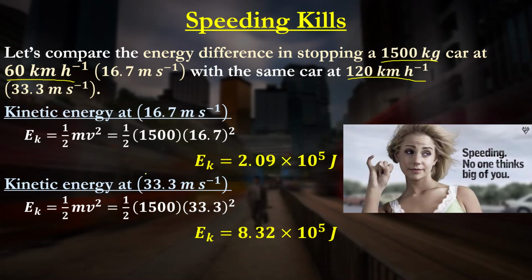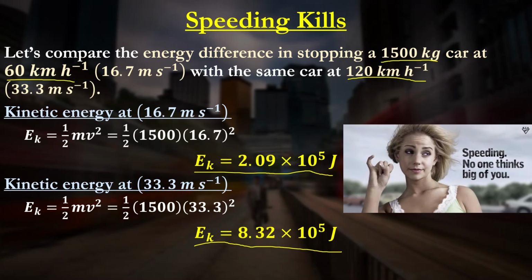If we run through the calculations, the kinetic energy required to slow a 60 kilometer per hour car down is 2.09 times 10 to the power of 5 joules. And if we double that speed to 120, the kinetic energy is now 8.32 times 10 to the power 5.